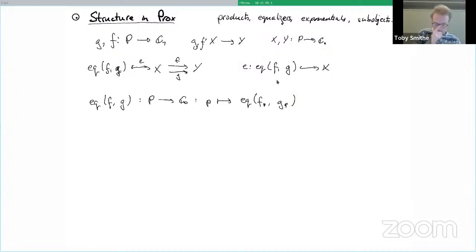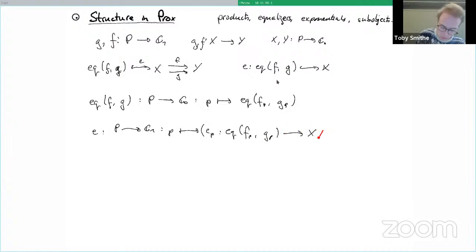Cool, that's an object. That's fine. All I required was that this be a generalized element, which it is. That's nice. So then what's this E? E is going to be something like P to C1, and it takes P, and it gives me this EP map from eq(FP, GP) into X, P. And it's easy to see that this is a well-defined thing because it has the right domain and codomain.